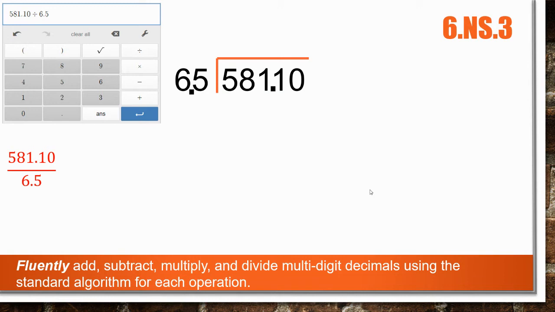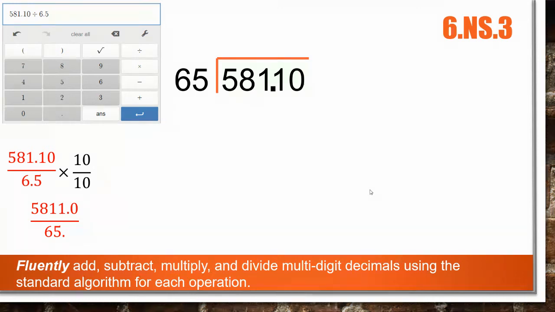I want 6 and 5 tenths to be a whole number, 65. What should I do? Well, I'm actually multiplying by 10 over 10, which is the number 1. And you can see that now I have 5,811 and in the denominator, I have 65. So my new divisor is 65.